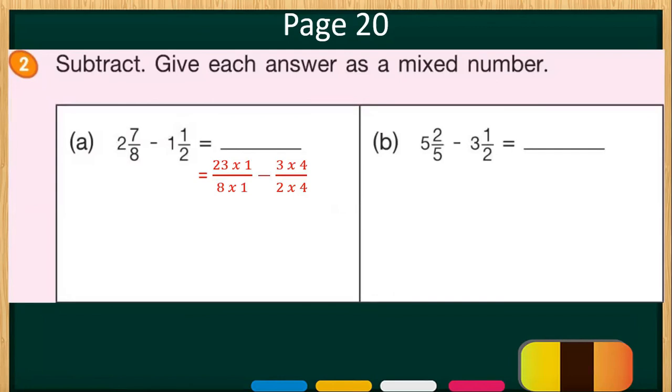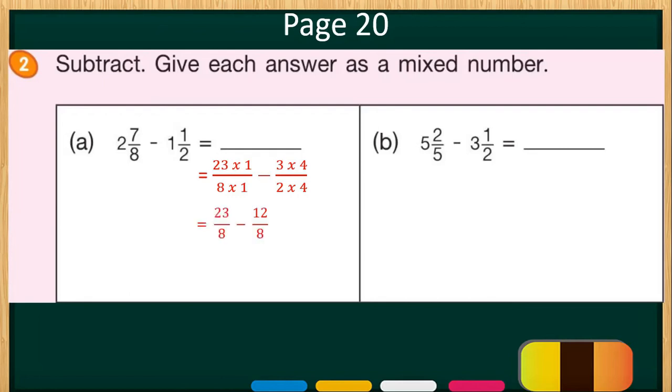23 times 1 equals? What's the answer? 23. Over 8. Very good. Next, 3 times 4? 12. 12. 2 times 4? 8. 8.